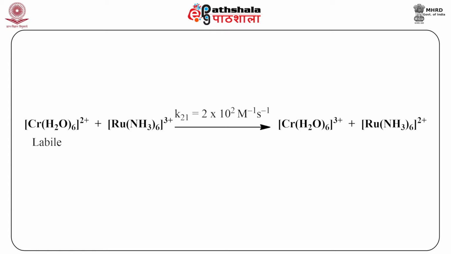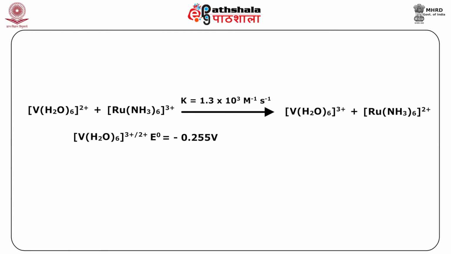Now this reaction proceeds with the rate K21 equal to 2 into 10 to the power 2 mole inverse second inverse. On the other hand, if we replace chromium 2 by vanadium 2, remember chromium 2 is D4 configuration while vanadium 2 is D3 configuration. So if in the previous reaction we use vanadium 2 instead of chromium 2, what will happen? Vanadium hexa water complex is not at all labile like chromium hexa water complex.